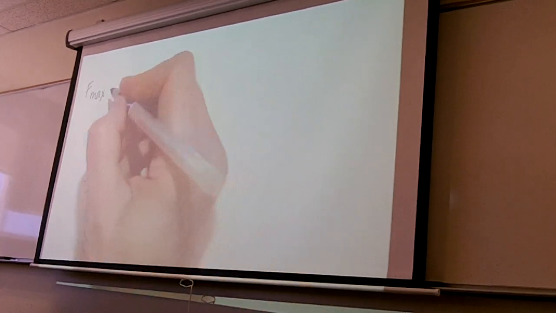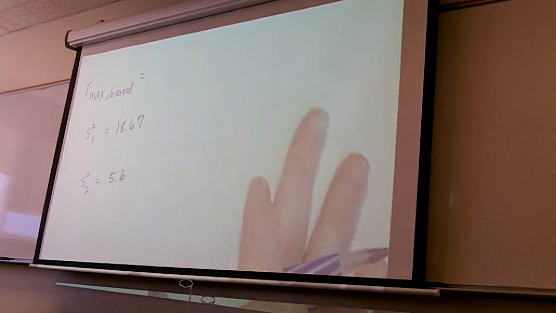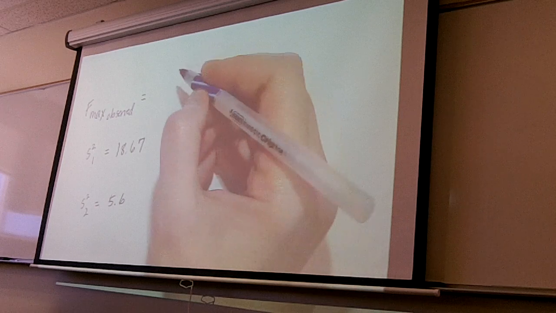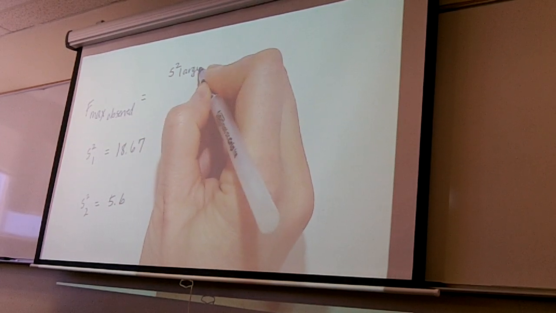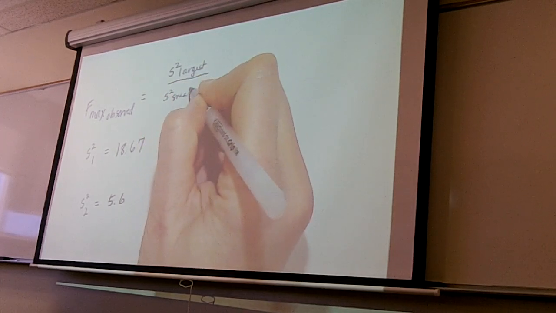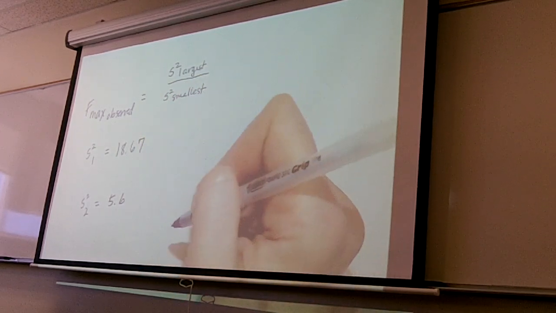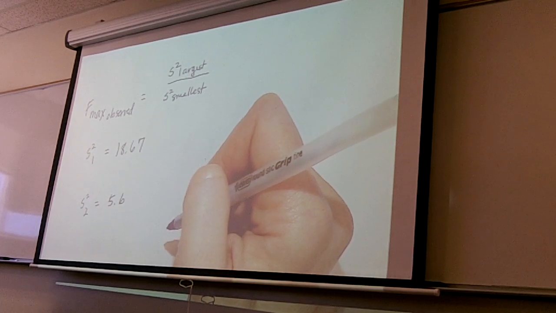Okay. Now, if I want to calculate Fmax observed, the observed value, here's what I do. I'm going to take the larger sample variance, and I'm going to divide it by the smallest sample variance. That's literally the formula. The larger sample variance divided by the smaller sample variance.